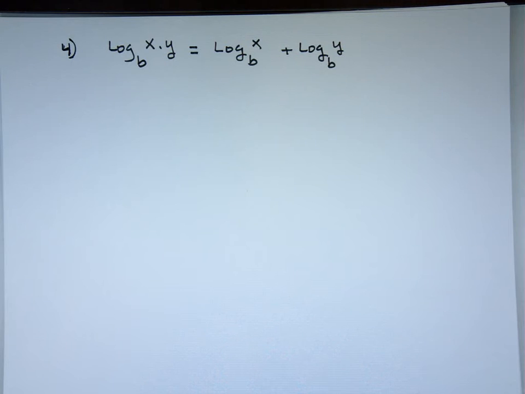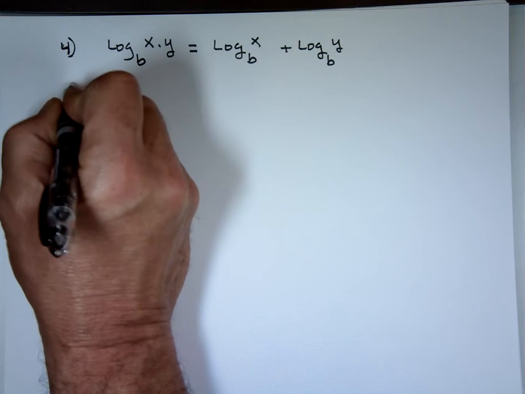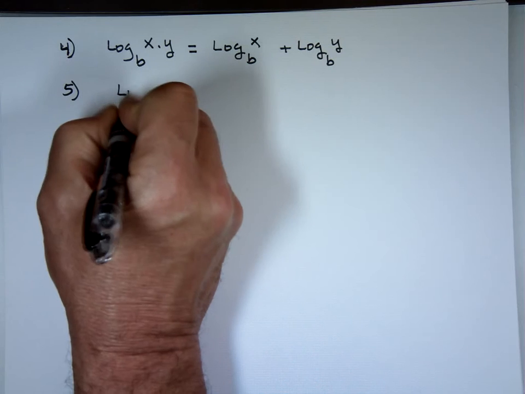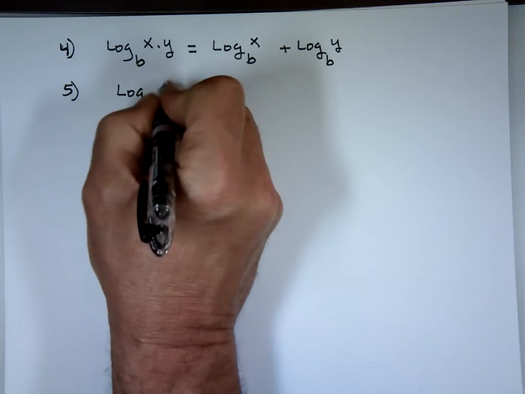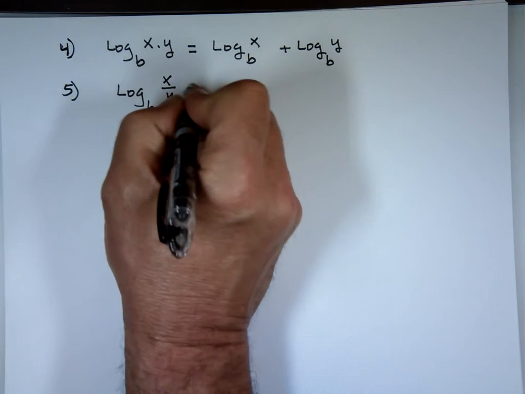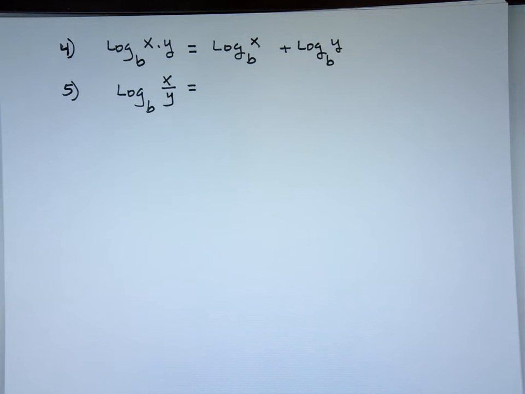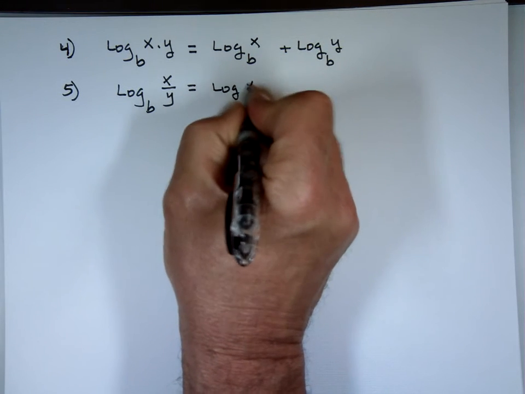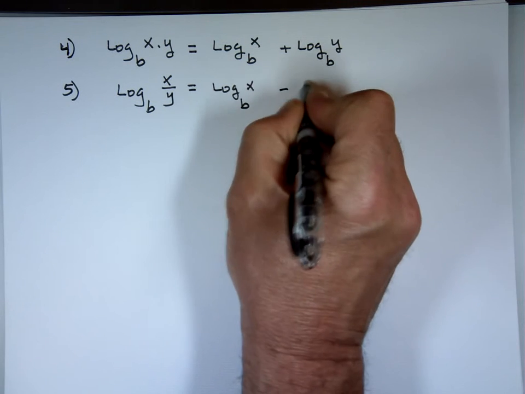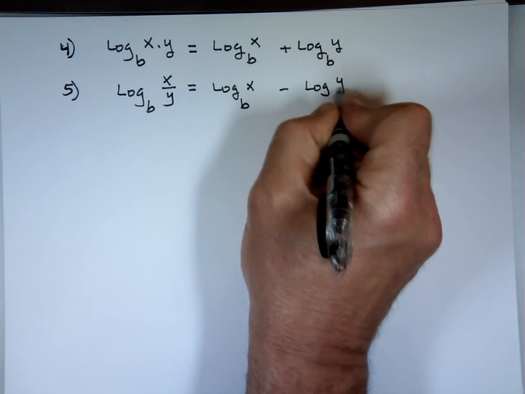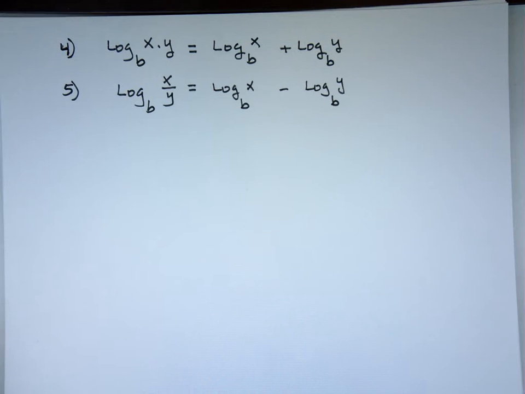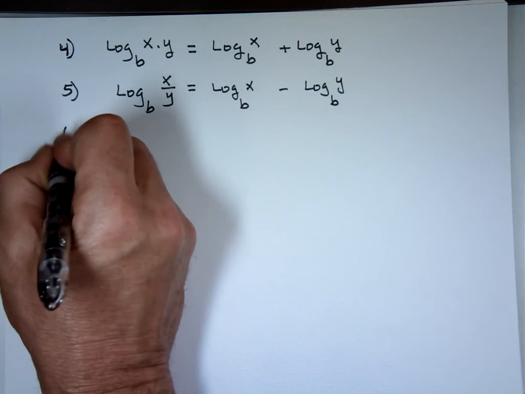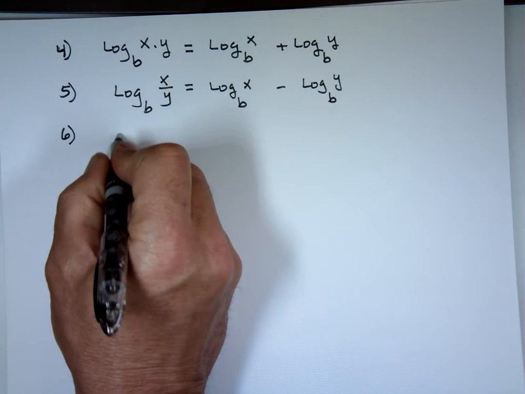And what happens when you have divisions? What do you do with the exponents? You subtract. And the last one, I'll put them there. Power to power. What was the rule for power to power with exponential functions?